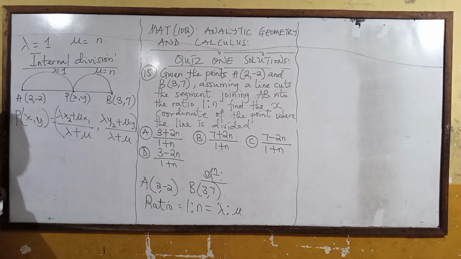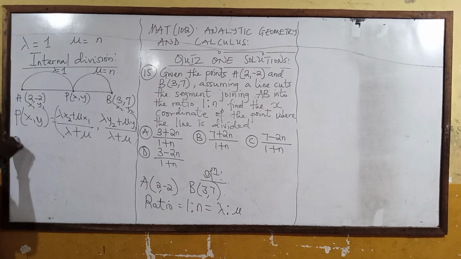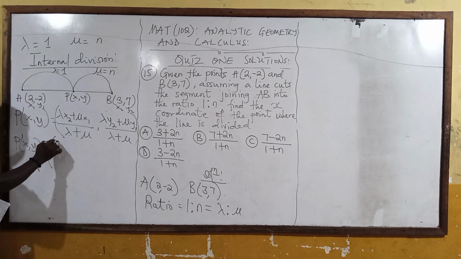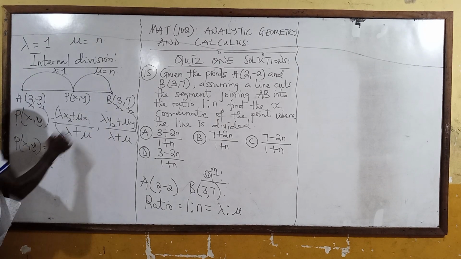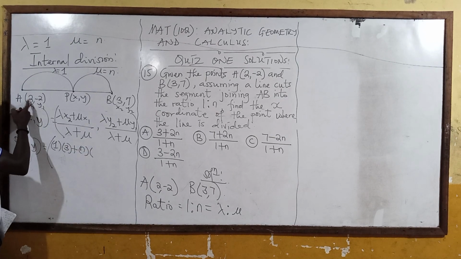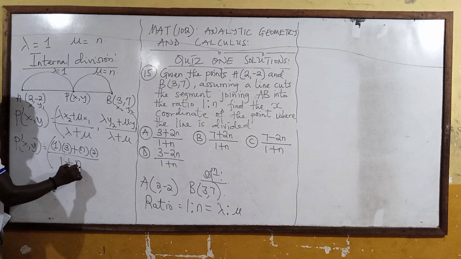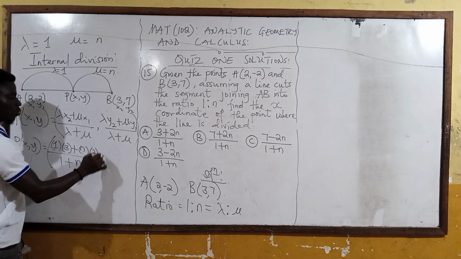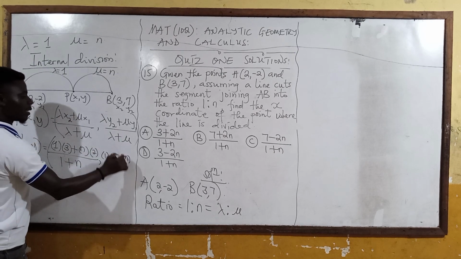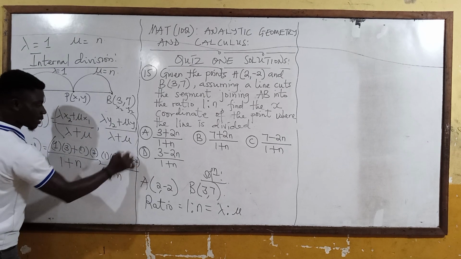So this one is my x1, y1, x2, y2. So point P must be equal to my lambda, given as 1, times my x2, which is 3, plus my mu, n, times my x1, which is 2, divided by 1 plus n. Then my lambda is 1, times my y2, 7, plus my mu, n, times my y1, -2, divided by 1 plus n.